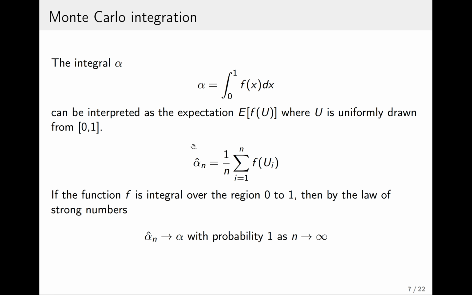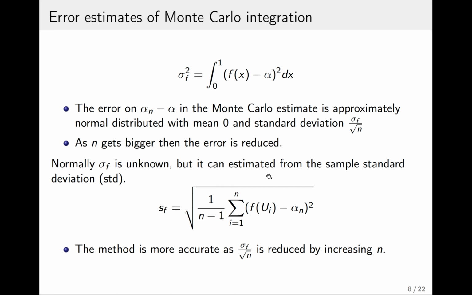All of this is very doable, there are no tricks, it's a well-defined procedure. And you can compute the error as well using the standard deviation. This is why the Monte Carlo method is good: if the integrand is very complicated and you can't do the integral, the Monte Carlo method gives you a procedure to compute the answer.